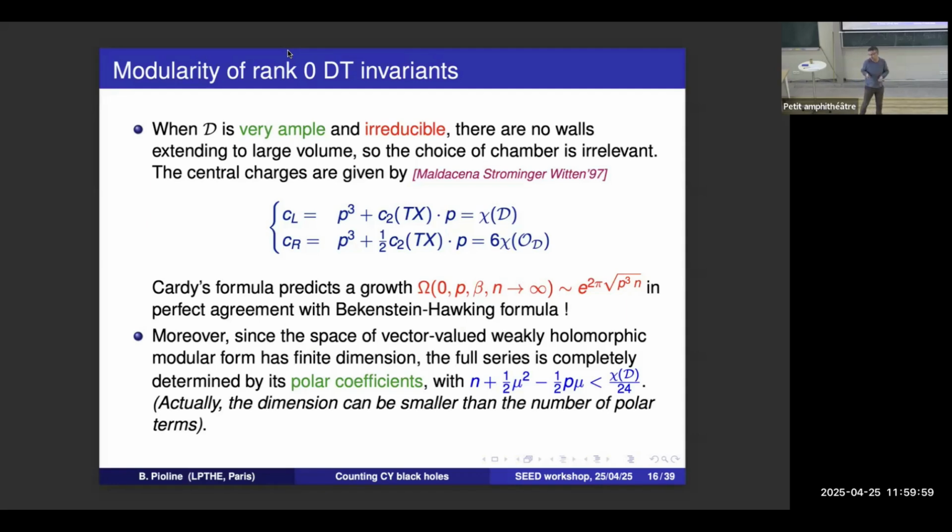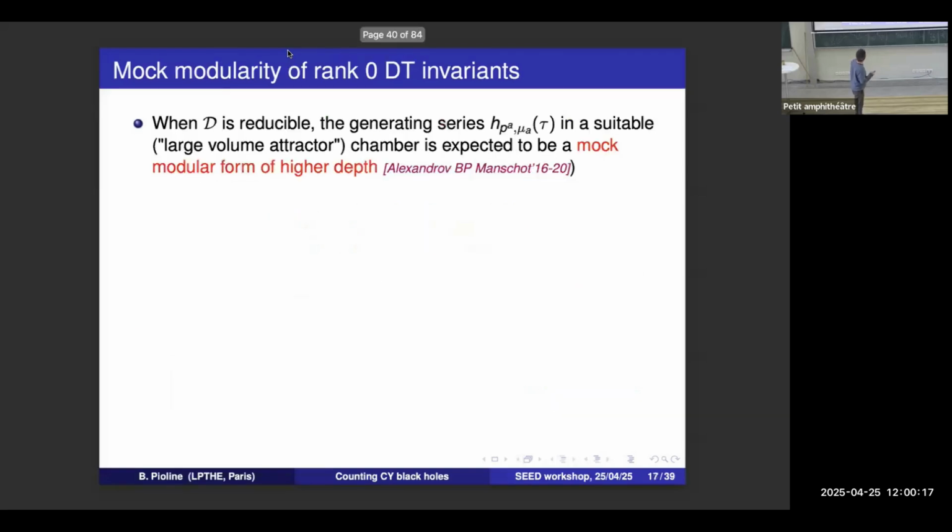In fact, the dimension is at most the number of polar terms in these expansions, the number of negative powers of q. So if you can compute these polar coefficients, then you can completely nail down the generating series and then try to compare with other computations at higher order.